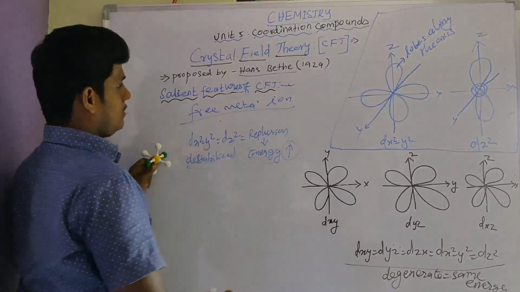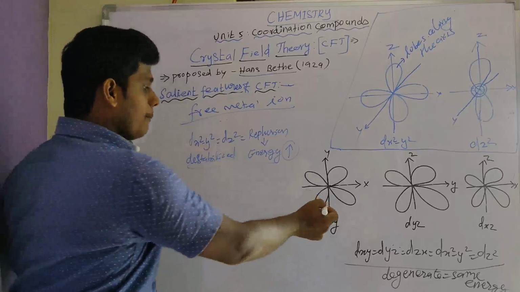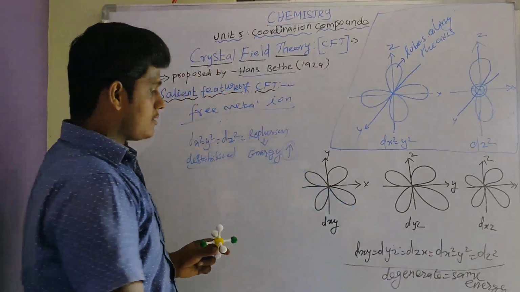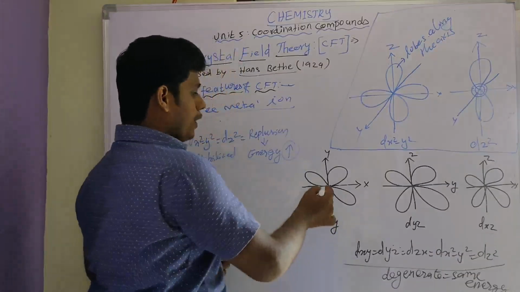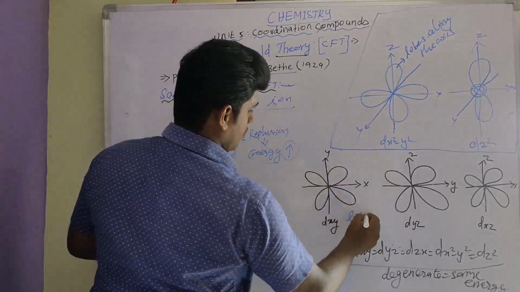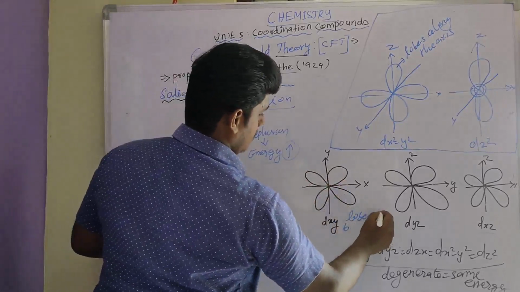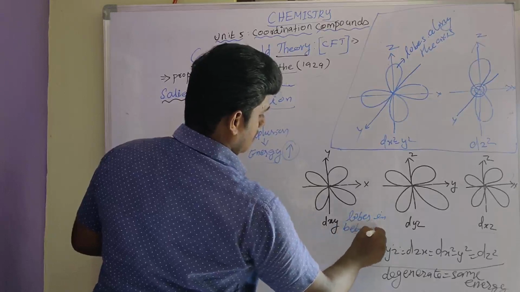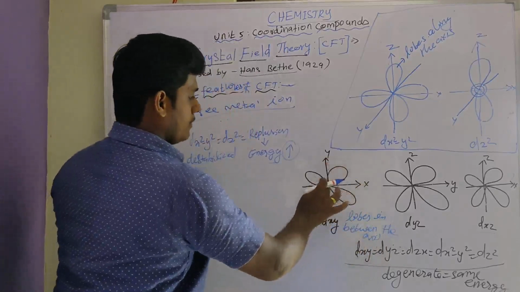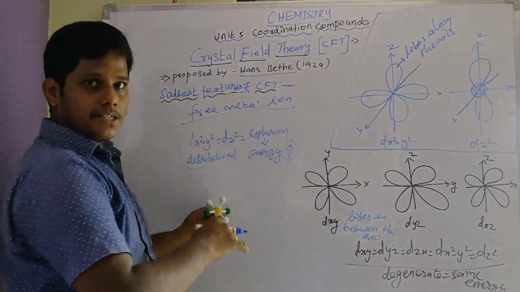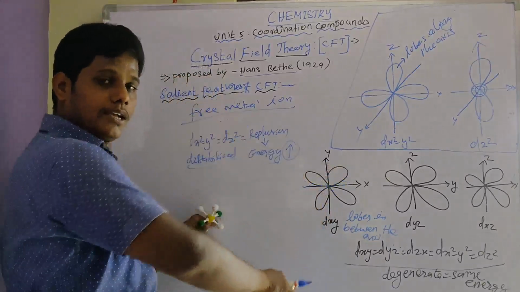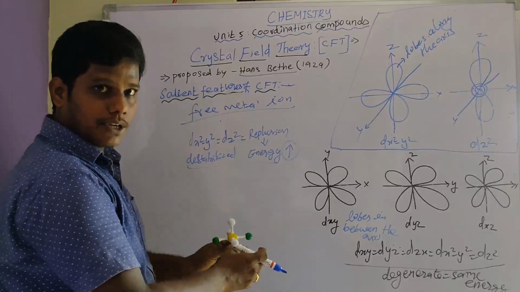They have greater energy compared to dxy, dyz, dzx, because these three orbitals have lobes in between the axes, where there is no ligand direction. Since the ligand approaches directly along the axes, the repulsion for these is very low.